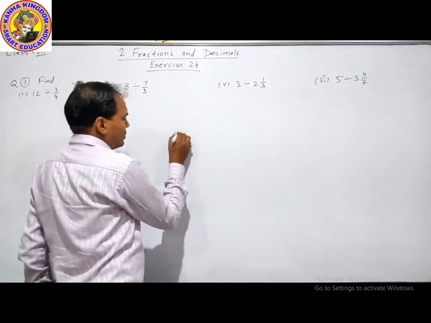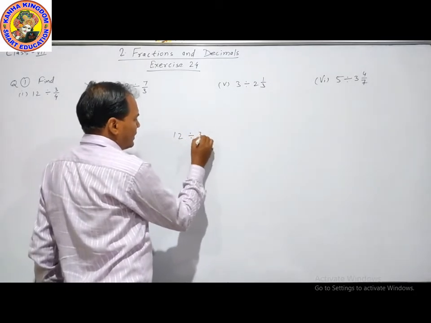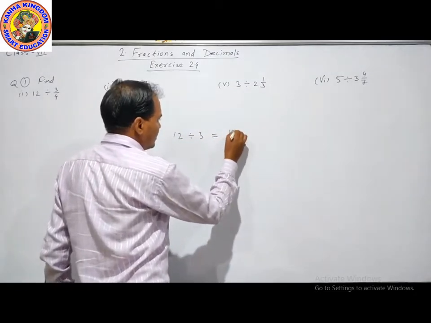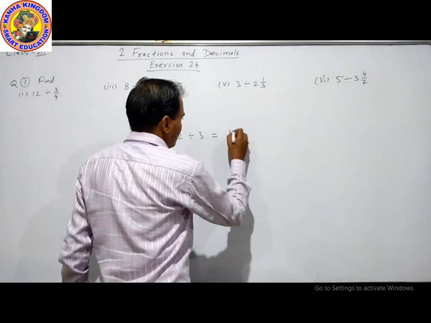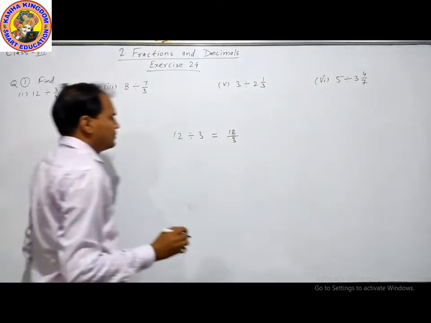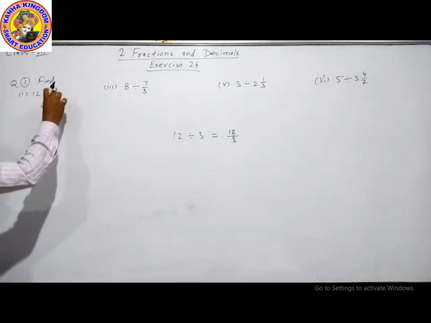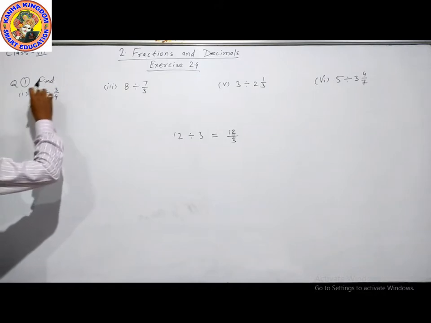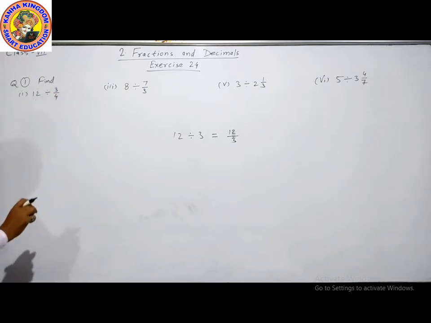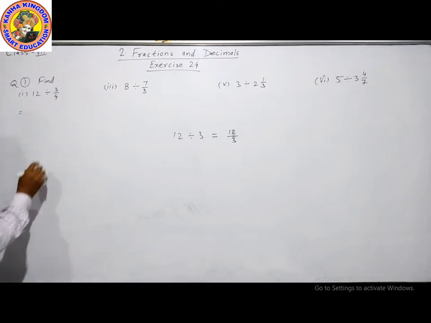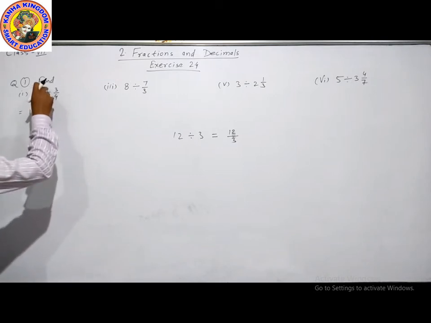12 divided by 3 is 12 upon 3, but if one of the numbers is a fraction, then we solve the question by changing the sign of division.